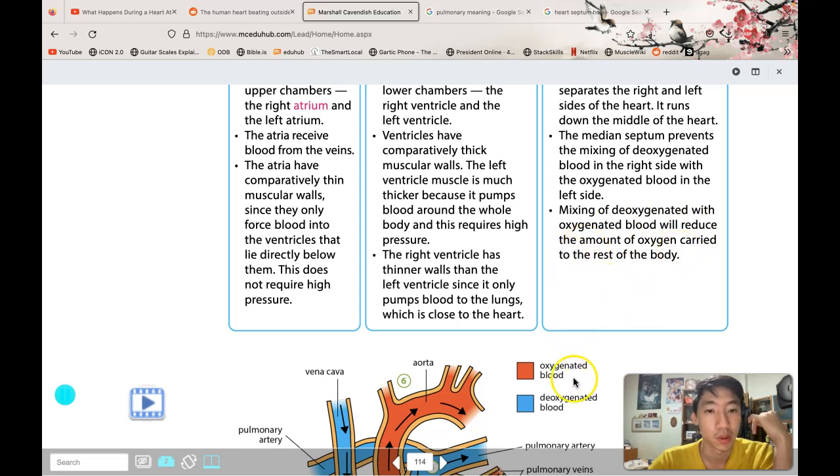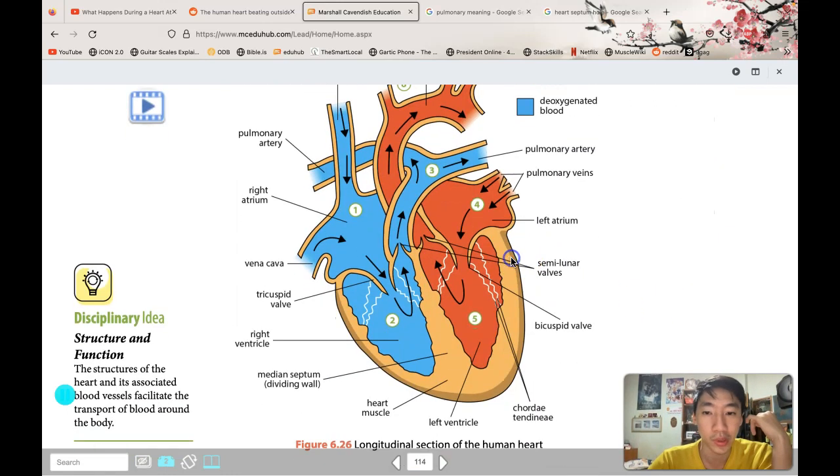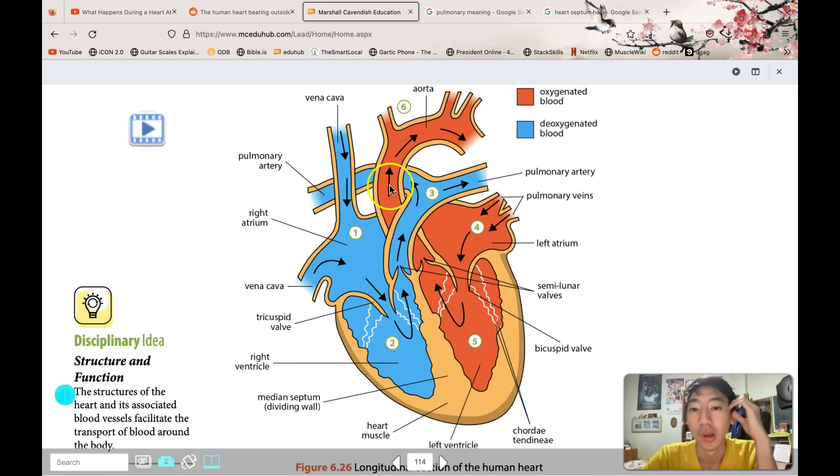Okay, let's go through one more time how the blood flows through the heart using this diagram. Deoxygenated blood is carried back through the veins into the vena cava and then into the right atrium. The right atrium contracts, pushing the blood down through this tricuspid valve into the right ventricle.